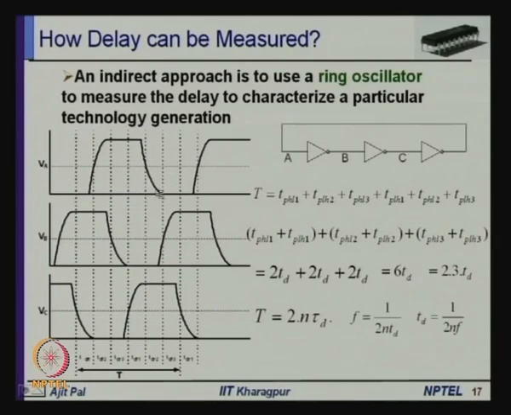In this way, I have plotted several waveforms, and we can see this is the time period, and that will be true at point A, point B or point C, at all the points.